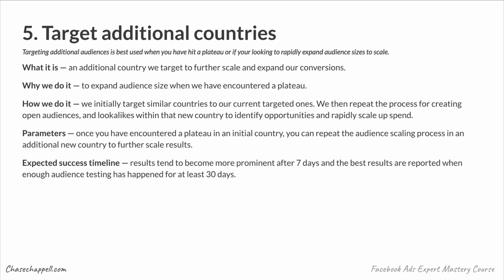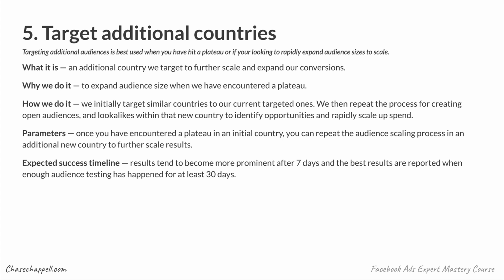So basically, if we're getting results super consistently in one country and we're just not able to increase it anymore because we're reaching a ton of people and our specific audience is being maxed out, and if we raise our spend anymore or do any type of scaling in our current country, it just starts spiking our results. If that's the case, then we'd end up looking for additional countries to target.